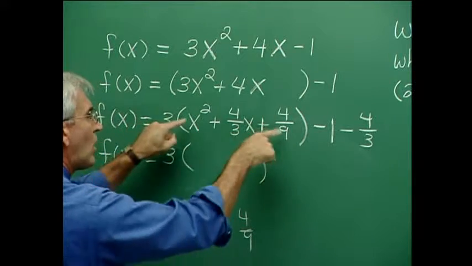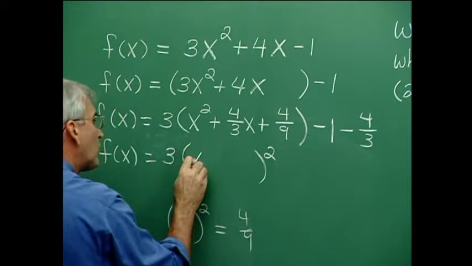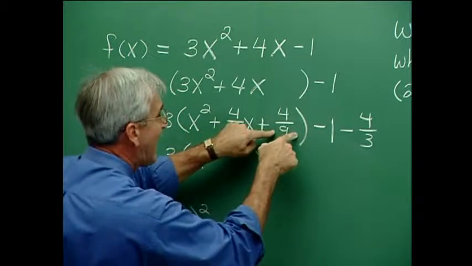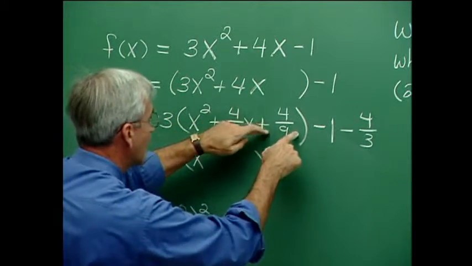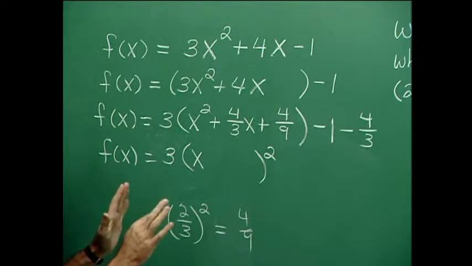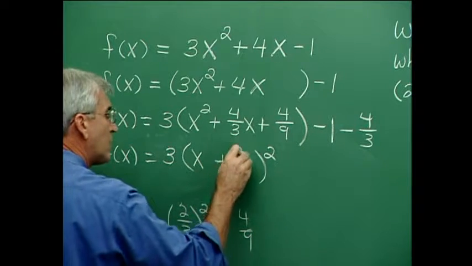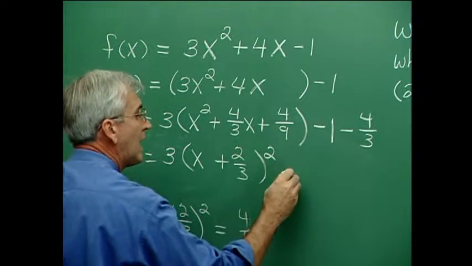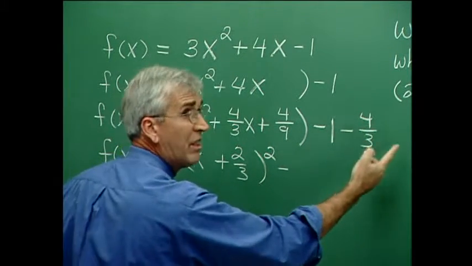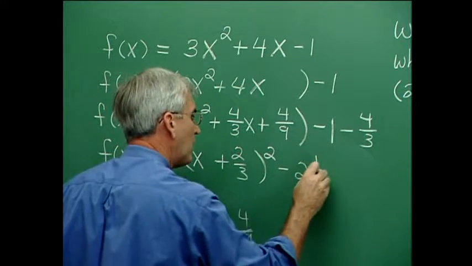When you factor a trinomial square, you get the item that is squared to give the first term, and as the second term, you get the item that's squared to give that. Well, what was squared to get this? It was the 2/3 that was squared to give the 4/9. So it's valuable sometimes to keep track of the amount being squared. So it's plus 2/3 squared, and then collecting here, this 4/3 is 1 1/3, so it's minus 1 1/3, that's minus 2 1/3.